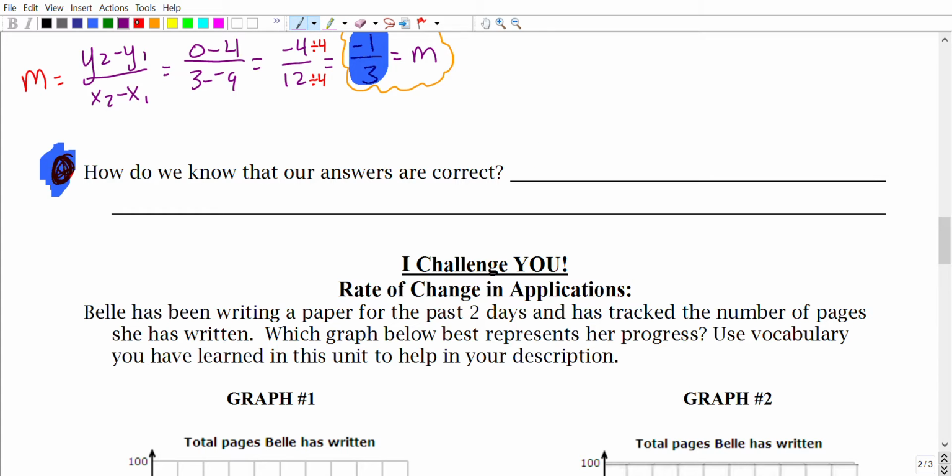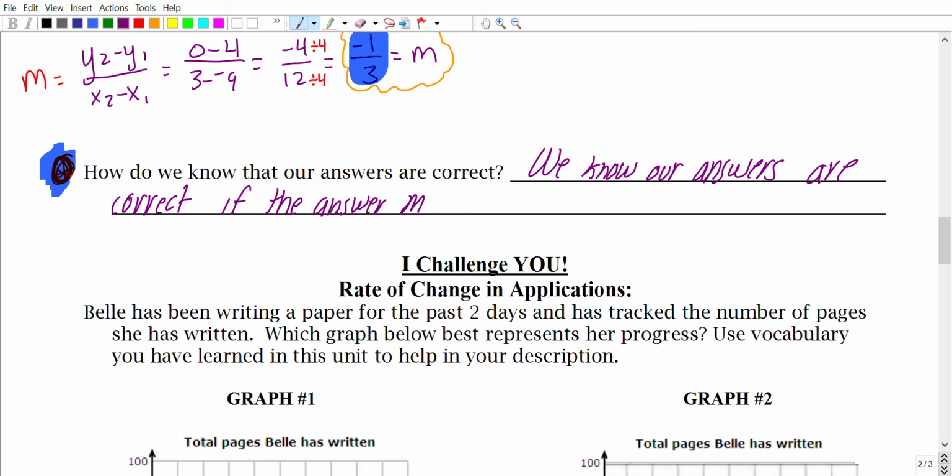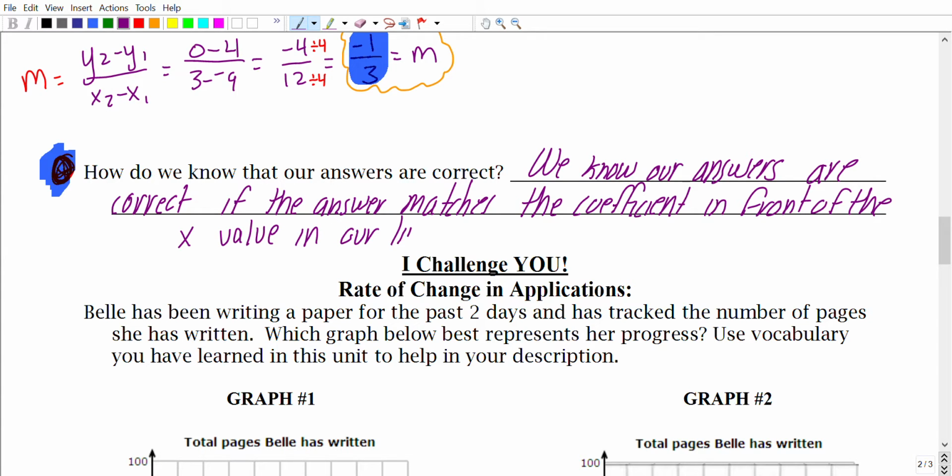We know the answers are correct if the answer matches the coefficient in front of the x value in our linear function.